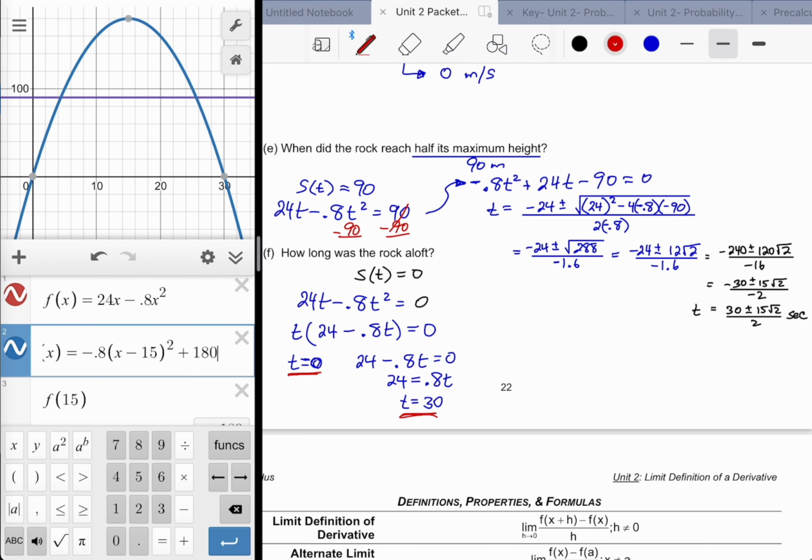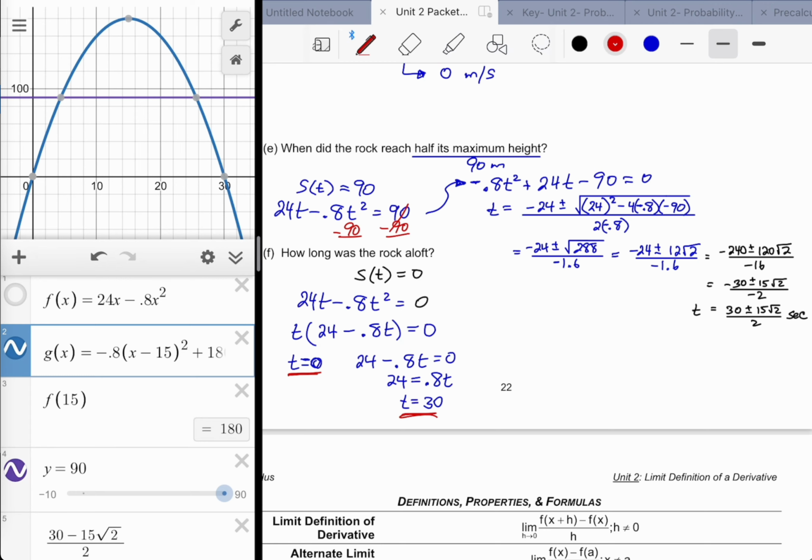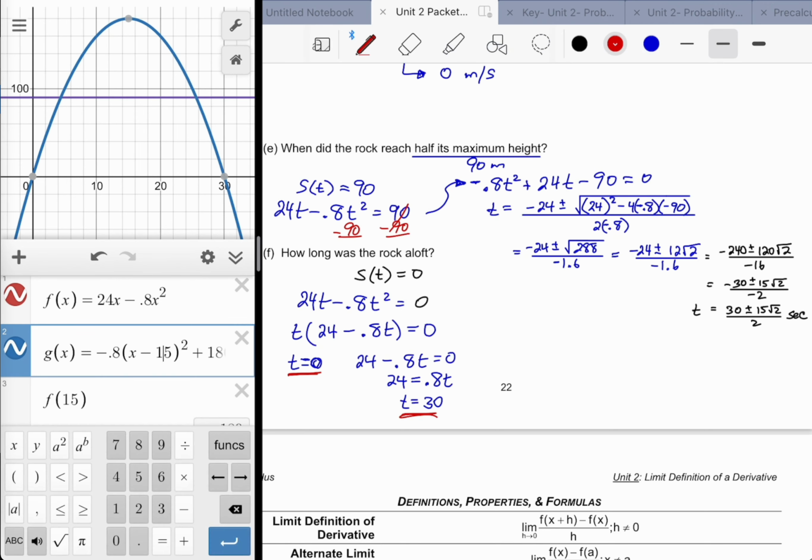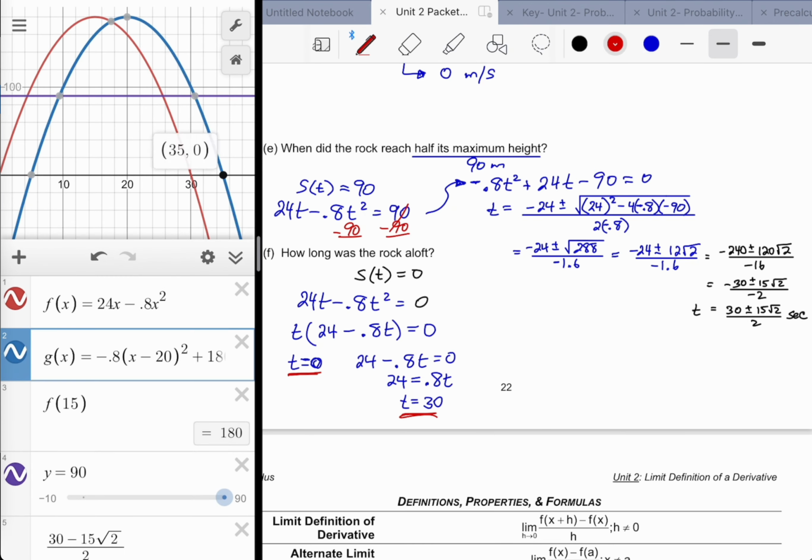I don't know where I came up with 30. All right, so this is another way of writing this function. But let's say it was shifted over just a little bit. Same characteristics, same maximum height, same time it would take to get to the maximum height. But if I just found the roots here, I'd find the roots at 35 and 5.